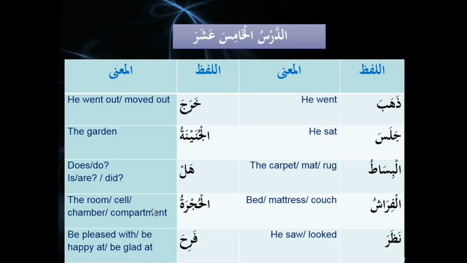The following table gives the meaning of all the new words used in this lesson. Now let us move to read the text and try to understand and translate it.